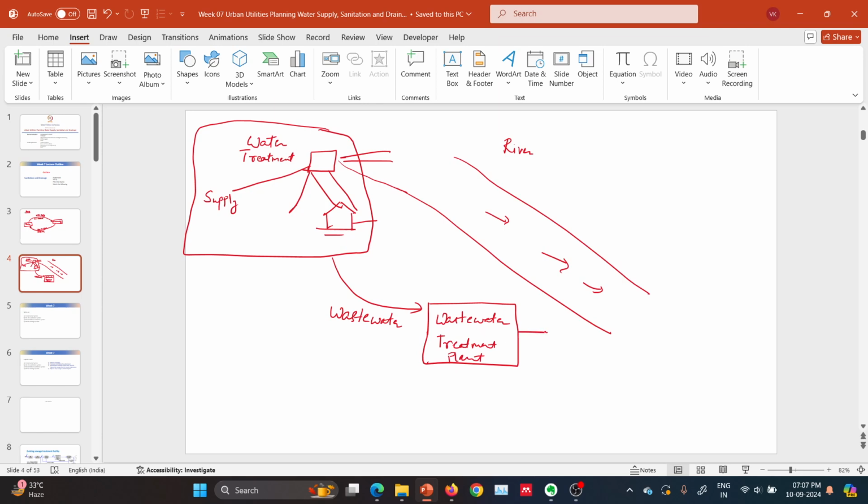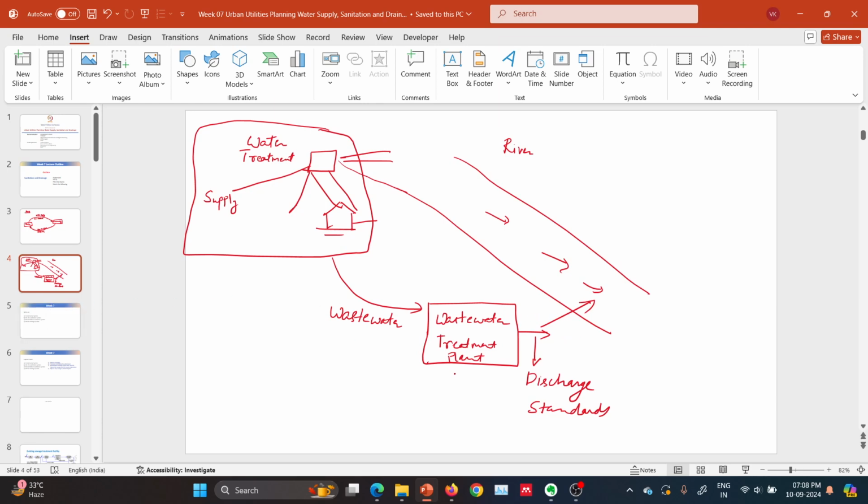And if the effluent meets the discharge standards, then only we can discharge it. So this is the scenario.